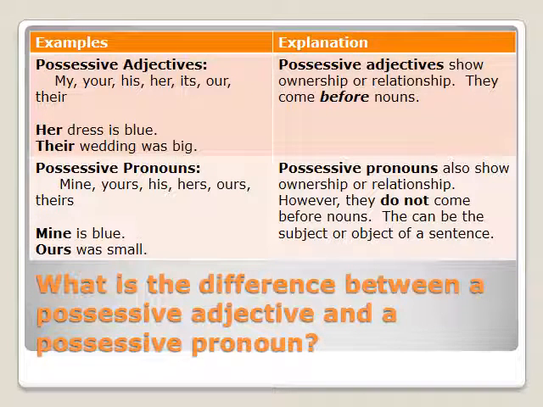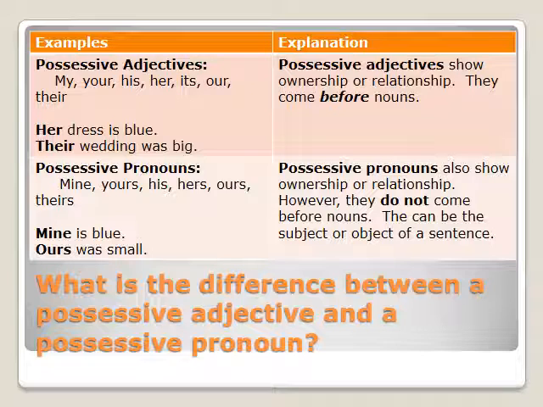The first thing that we want to talk about is the difference between a possessive adjective and a possessive pronoun. One of the questions that I asked you is what is the difference between the two. Well, a possessive adjective has to come before a noun. So all adjectives need to be connected to nouns.